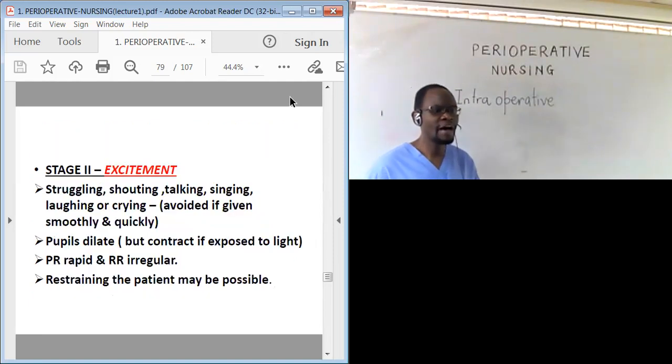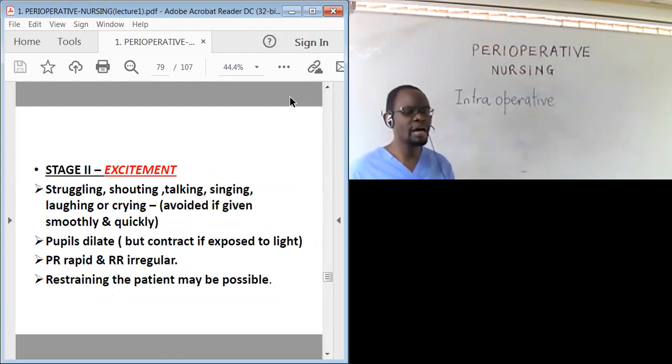Then we have stage 2: excitement, with struggling, shouting, or even singing, laughing, or crying. These can be avoided if the anesthesia is given slowly and smoothly, or even quickly.